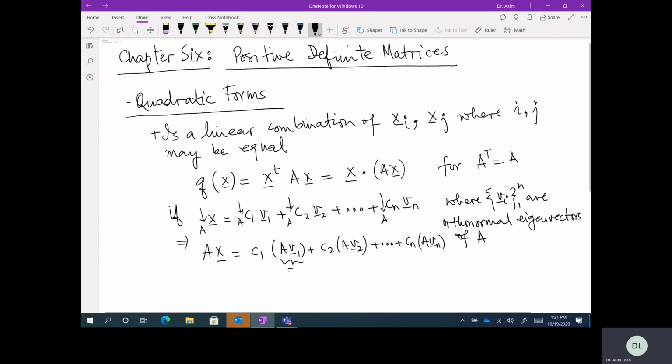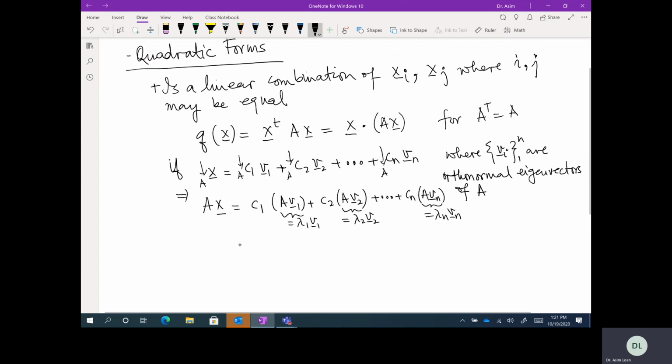But A times V1 is lambda 1 V1, this is lambda 2 V2, this is lambda n Vn. So we have A of x equals C1 lambda 1 V1 plus C2 lambda 2 V2 plus so on plus Cn lambda n Vn.